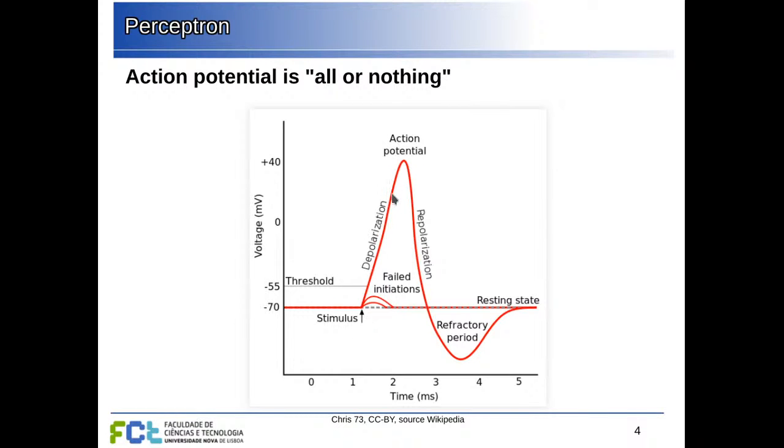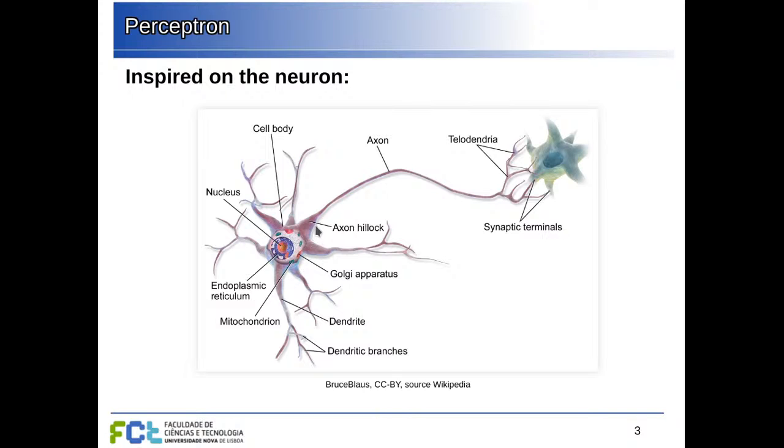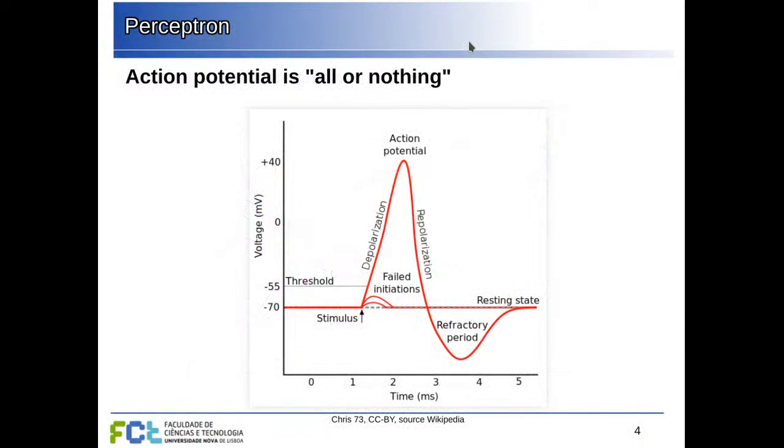But if the stimulus passes this threshold, then the depolarization of the membrane propagates through the axon and will result in the release of neurotransmitters in the synaptic terminals there. So basically we can see that the neuron is integrating stimulus from lots of different inputs, and if the overall result passes some threshold, it will fire an impulse, and it's sort of like an all or nothing system.